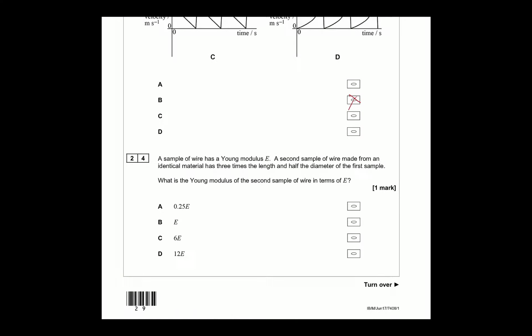24. A sample of wire has a Young's modulus E. A second sample of wire made from identical material has 3 times the length and half the diameter of the first sample. What is the Young's modulus of the second sample in terms of E?